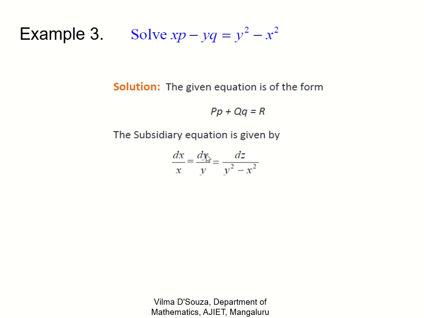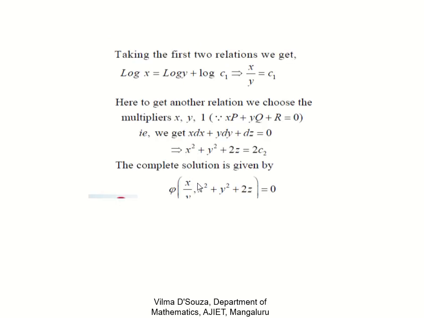Log x, and this is log y. Log x is equal to log y plus log c1, or log x minus log y is equal to log c1. What is log x minus log y? Log of x by y. So log of x by y is equal to log c1, or x by y is equal to c1.